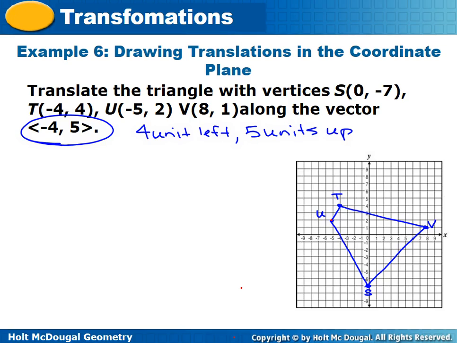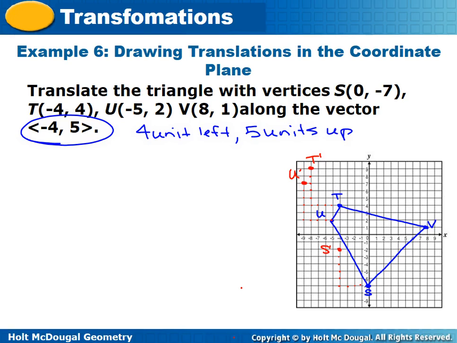So with this U, we're going to go 4 units left, 1, 2, 3, 4, and then 1, 2, 3, 4, 5 units up. So that's our new U. So that's U prime right there. Going to do it with T as well. 1, 2, 3, 4, 1, 2, 3, 4, 5. There's our new T, T prime. Going to do it with the S. 1, 2, 3, 4, 1, 2, 3, 4, 5.